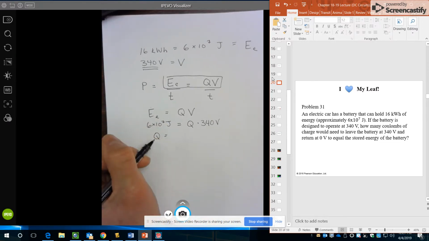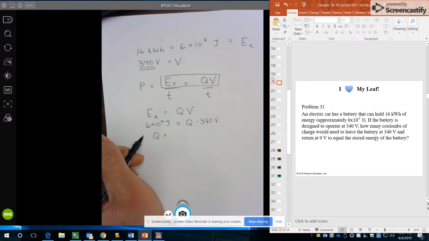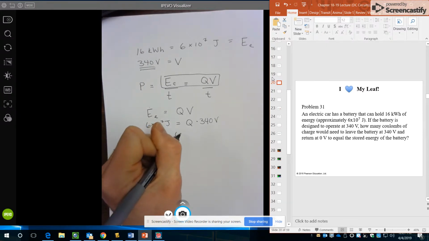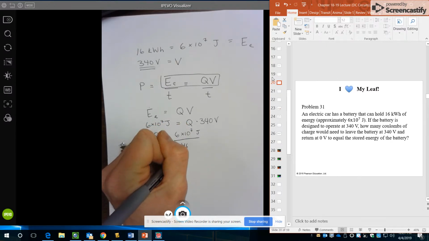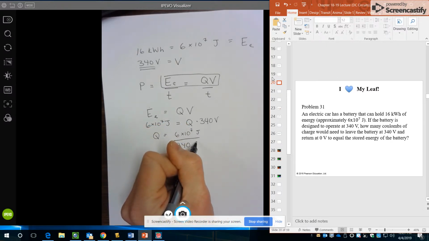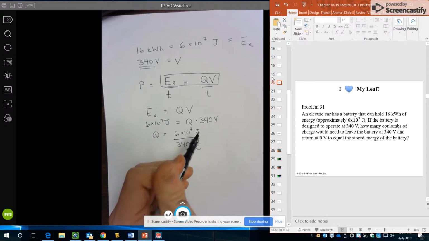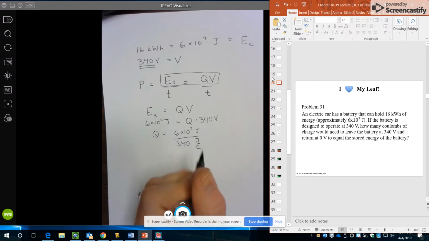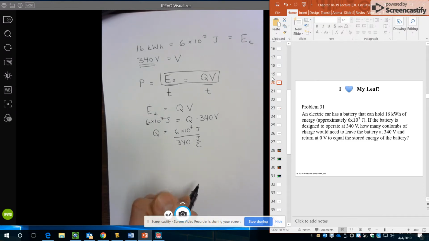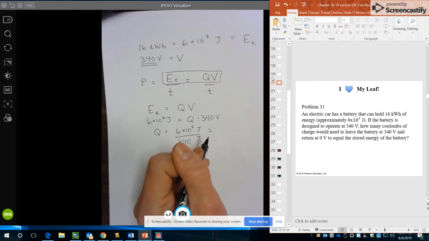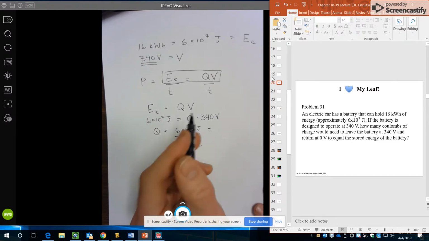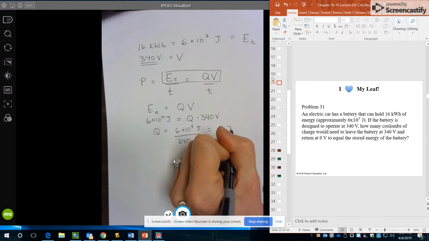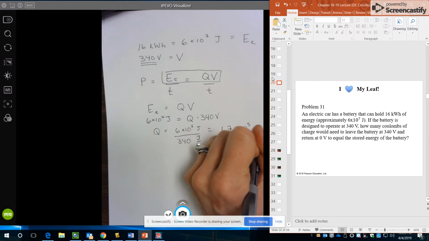So the charge will be equal to 6 times 10 to the 7th joules per 340 volts, remembering that a volt is a joule per coulomb. So I have joules per joule per coulomb, and I'm left with charge in coulombs. So my answer is 1.7 times 10 to the 5th coulombs.